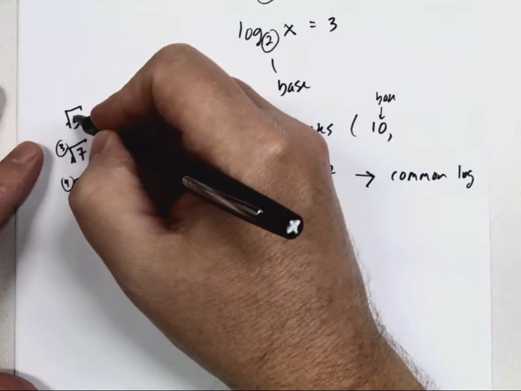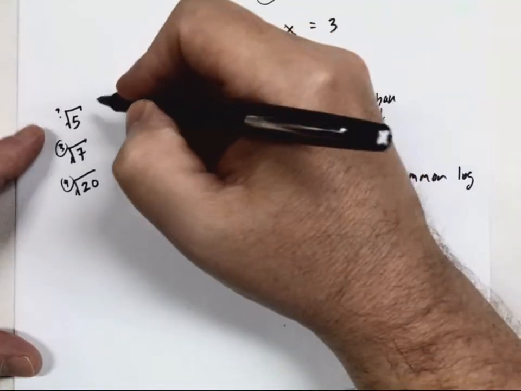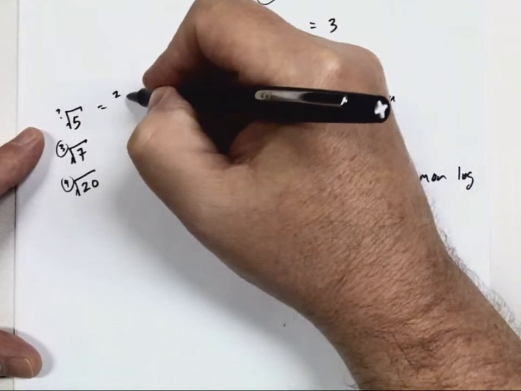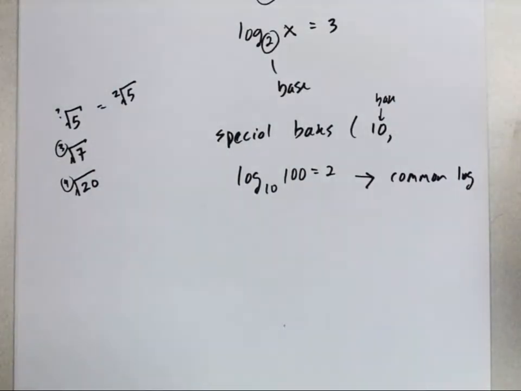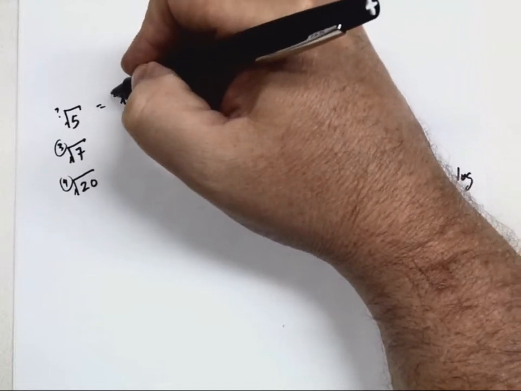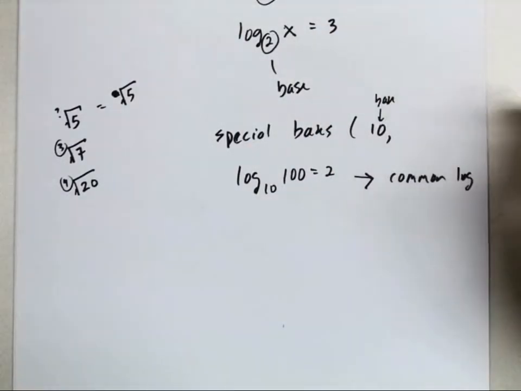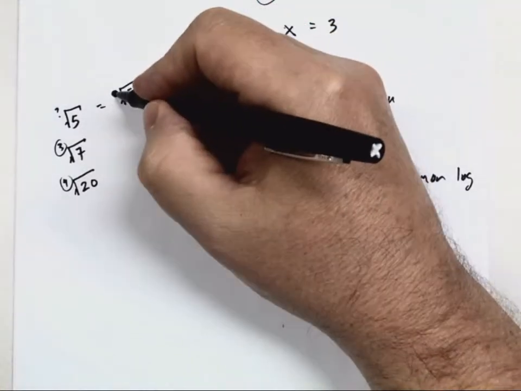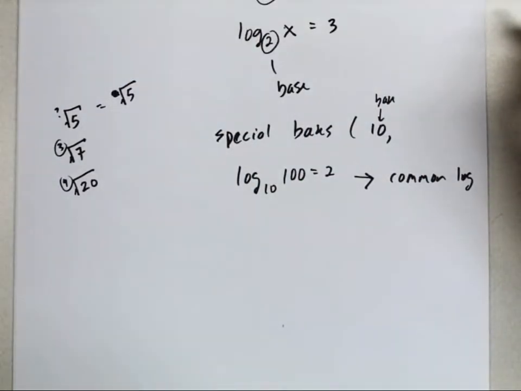Although when we looked at this first one, it's like there's no number there. Well, there really is a number, right? We know this is the square root of 5. But in the world of math, since the square root is by far the most common radical, they decided, hey, every time we have a square root, we don't want to keep writing the 2 here. So from now on, the rule is, if there's no root or index written here, then we know it's a 2 and it's a square root.